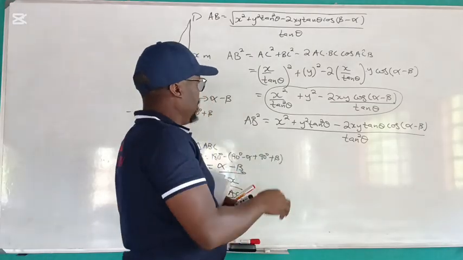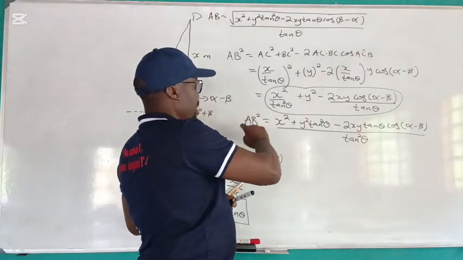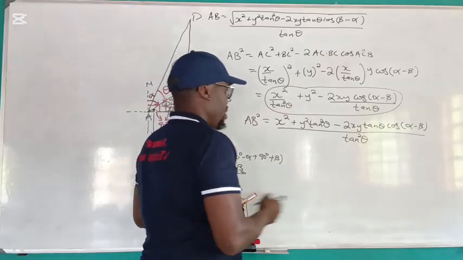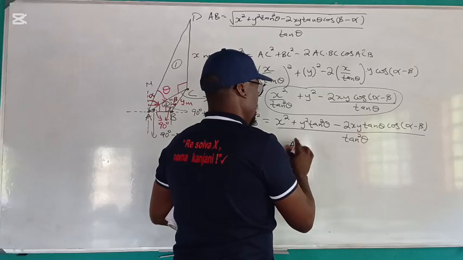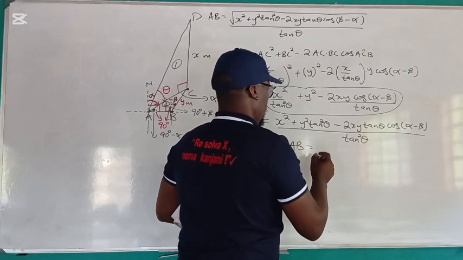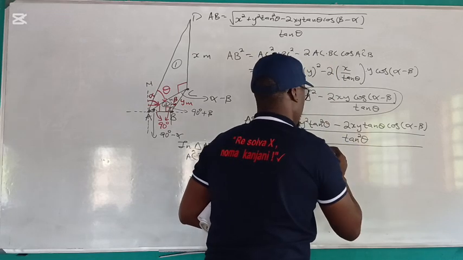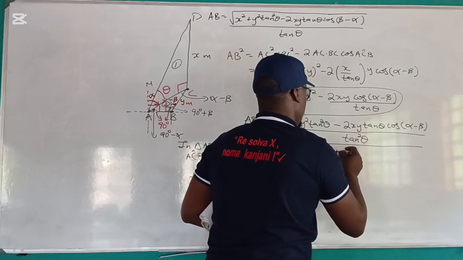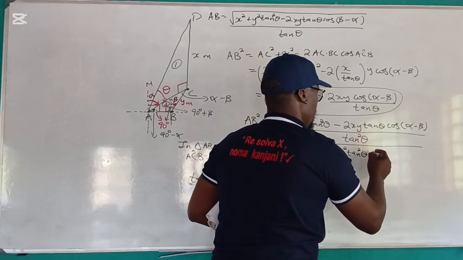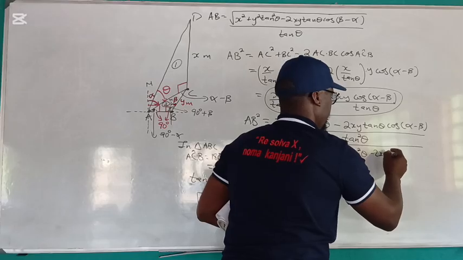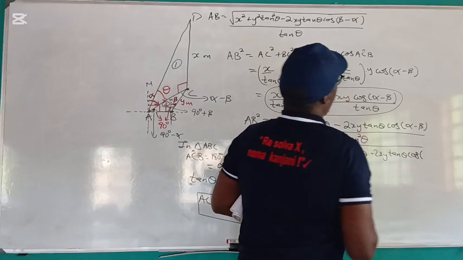At this point, because we want to make AB the subject of the formula, we have to take the square root on both sides, and we are going to have AB being equal to the square root of x squared plus y squared tan theta squared minus 2xy tan theta by cosine.